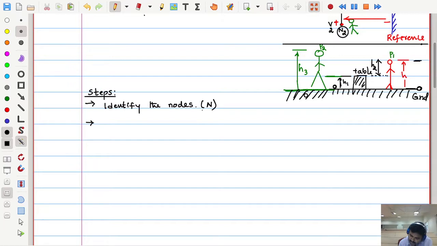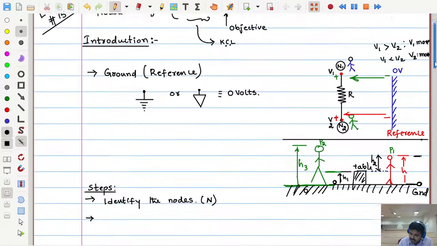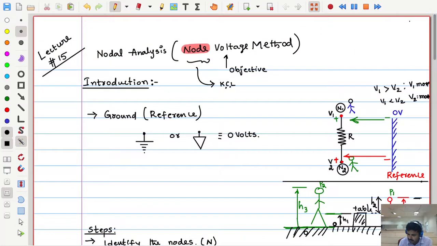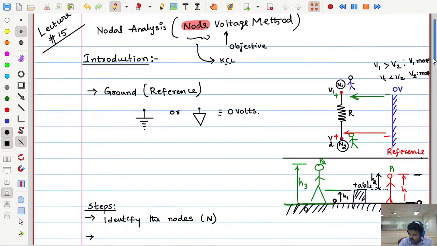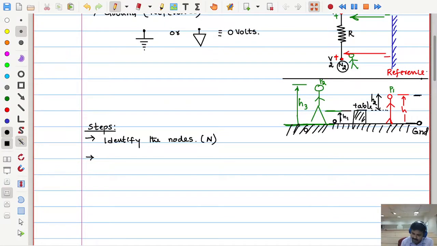If n is the number of nodes, then we know that our objective is to get the node voltages, as I already told you. Just like we need the person's height in the analogy, if I want to compare two persons' heights, definitely they must be measured from the same reference of 0 height. In the same way, what I need here is some reference point.